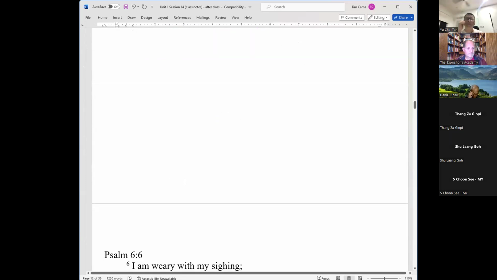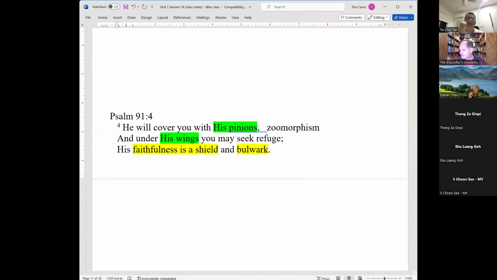Okay. Pastor Tim, may I ask to go back to that? What is the potential error in the exegesis if we fail to see that the phrase here in Psalm 91 verse 4 is in fact a zoomorphism?